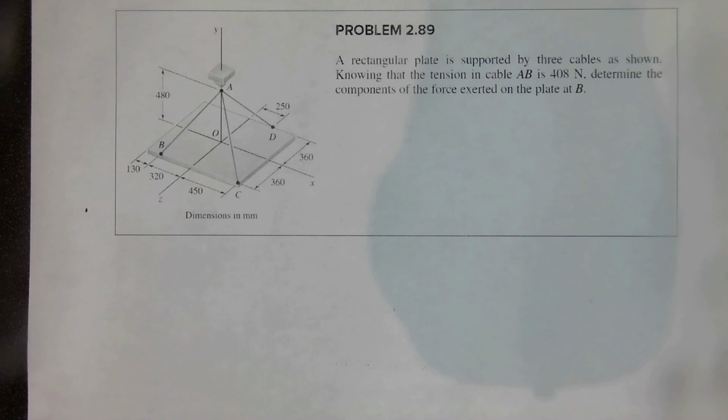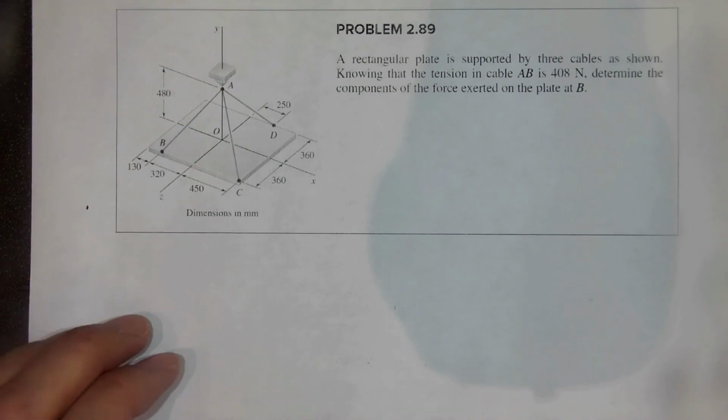Okay, so the third problem, problem 2.89, a rectangular plate is supported by 3 cables as shown. Knowing that the tension in cable AB is here, right? That's given, 408 Newton. Determine the components of the force exerted on the plate at B. Okay, we need to find the force components.